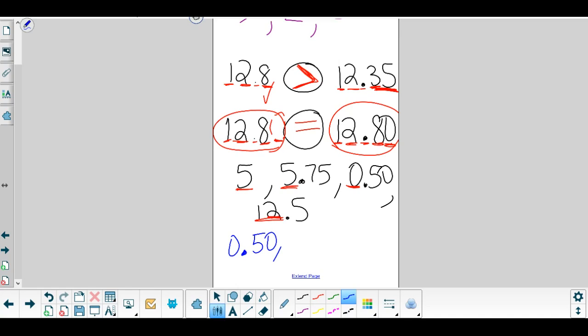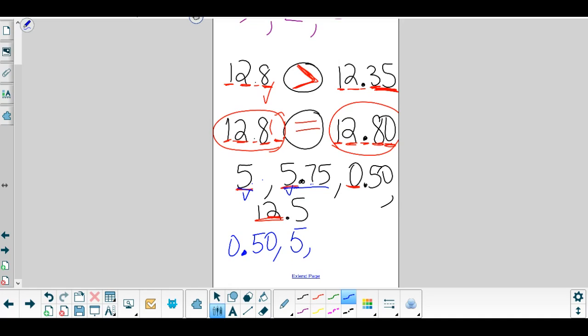And then moving next, I would want to look at either my 5 here or my 5.75 here. Which one is bigger? Well, if we compare it, 5 in the ones place here is the same as 5 in the ones place here, but there's a 0 in the tenths place here, and there's a 7 here. Since this 7 is bigger than 0, I'm going to put this 5 next because we're going from small to big.